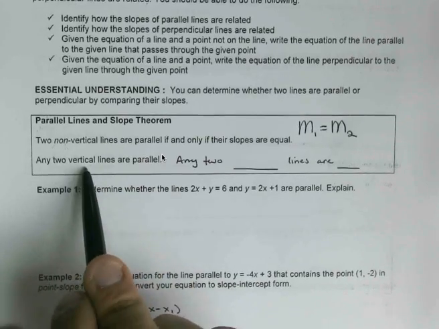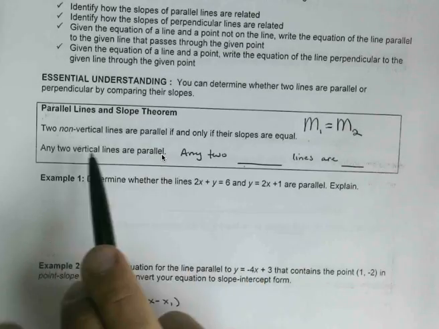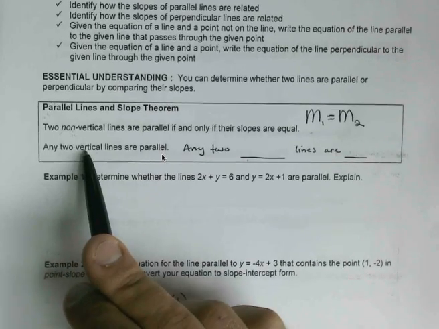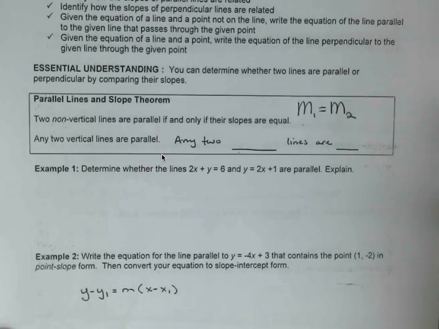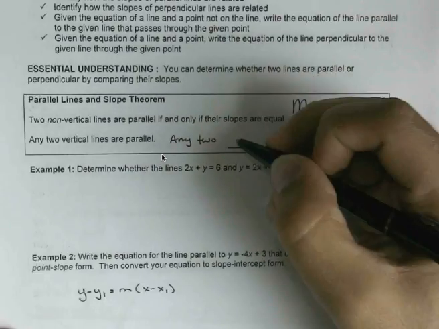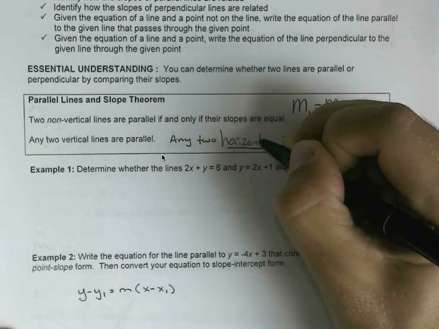Well, what other lines could we be talking about here? Not quite vertical, more so from left to right. What kind of line is that? Horizontal. So think this out.